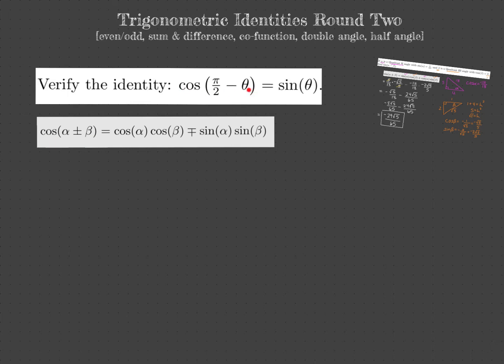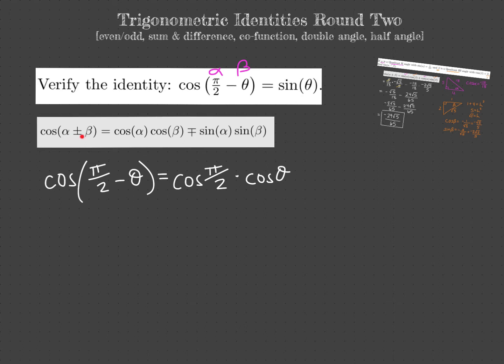So let's do that and rewrite the cosine of pi over 2 minus theta. So we'll have the cosine of our first angle, which is pi over 2. So the cosine of pi over 2. And let me actually write what we're doing. This is alpha right here, and this is beta. So the cosine of pi over 2 times the cosine of theta.